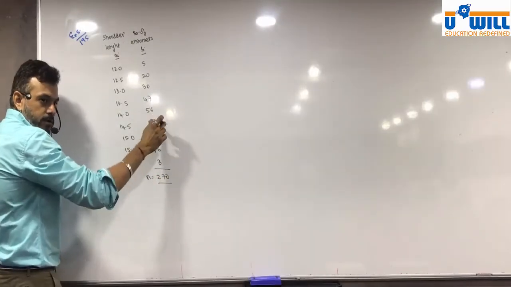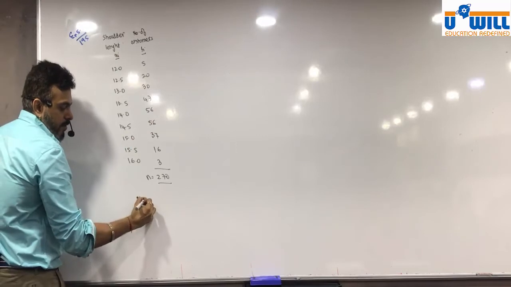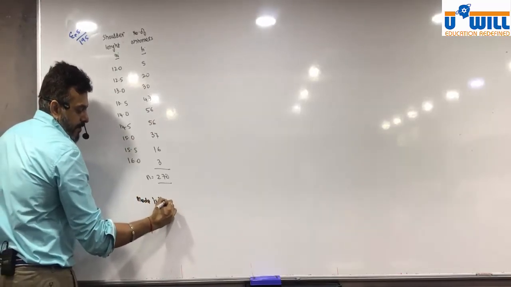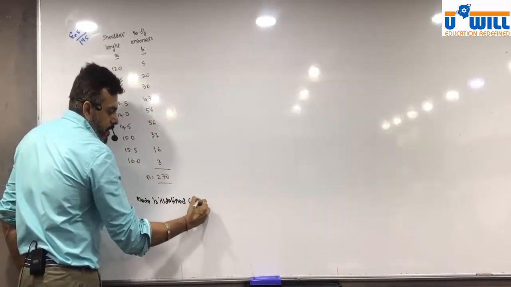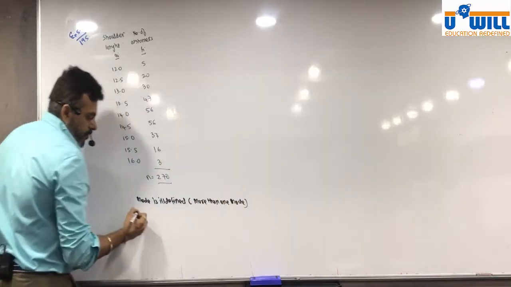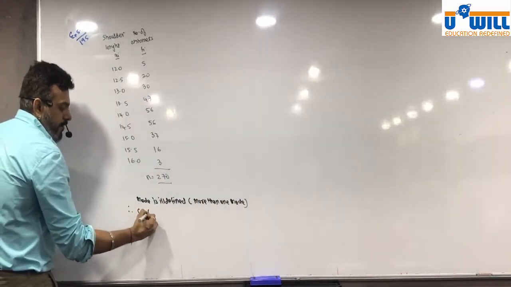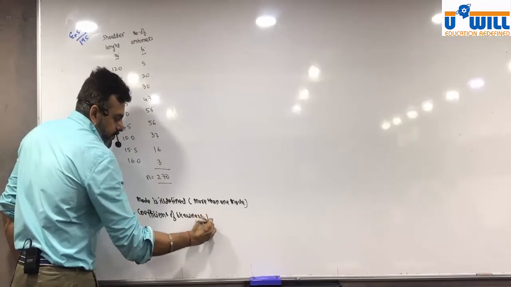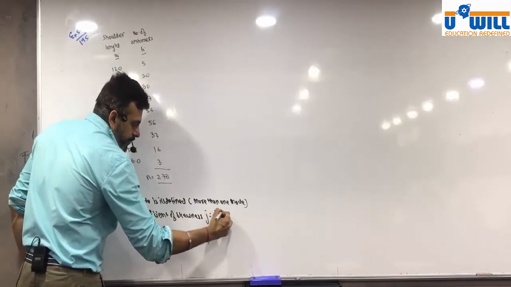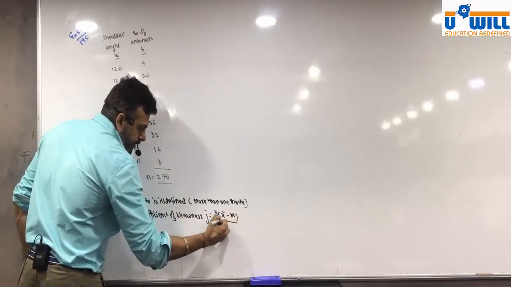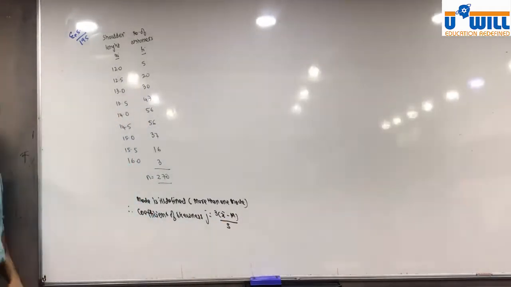More than one mode. So mode is ill-defined. How ill-defined? More than one mode. Therefore, coefficient of skewness J is equal to 3 times x bar minus median upon standard deviation. Shortcut method.